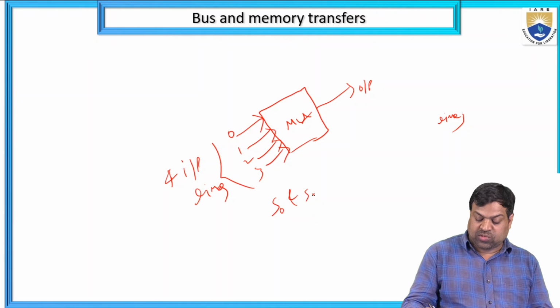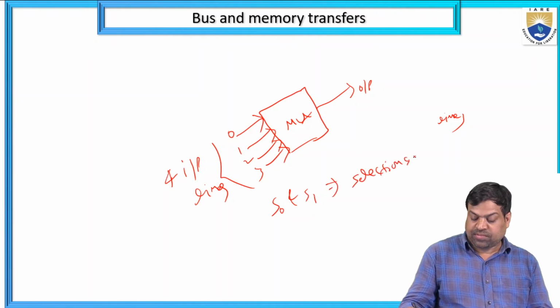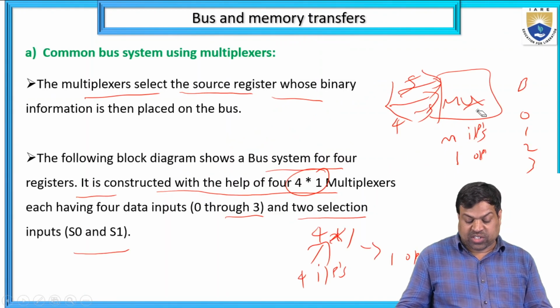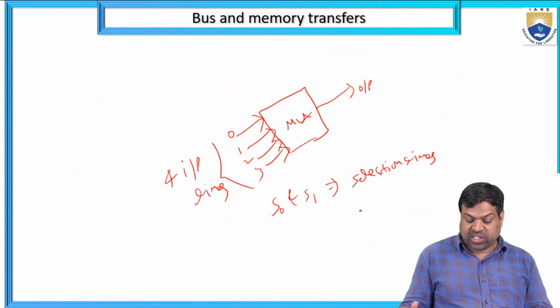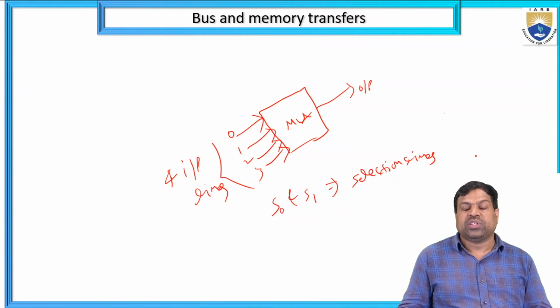S0 and S1 are the selection lines. So a 4 into 1 multiplexer, each having 0 to 3 and 2 selection lines, S0 and S1. Suppose I'm taking S1, S0, maybe the switch is off, S1 switch is on, like this.